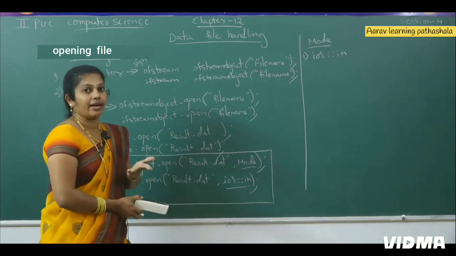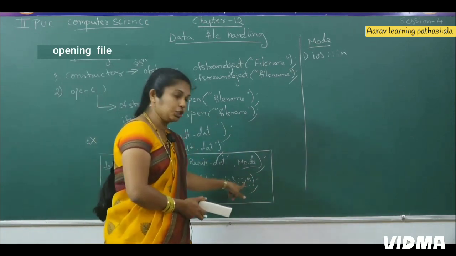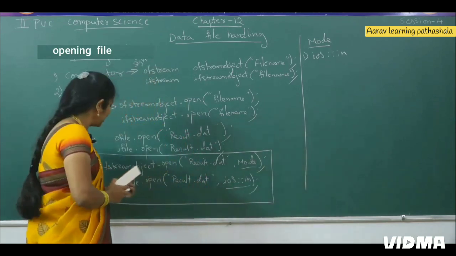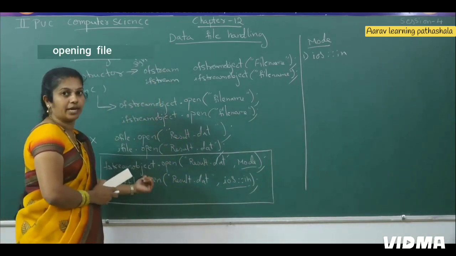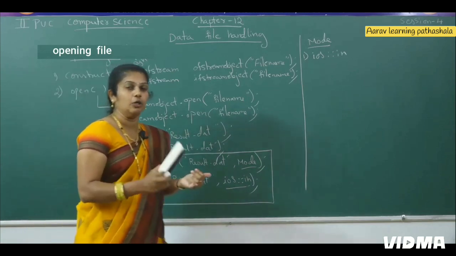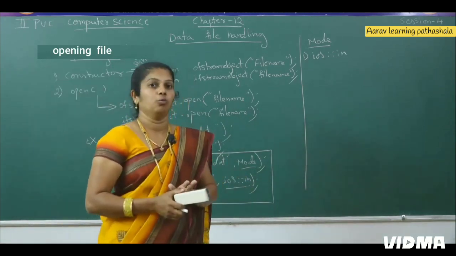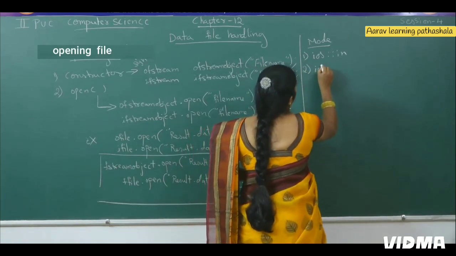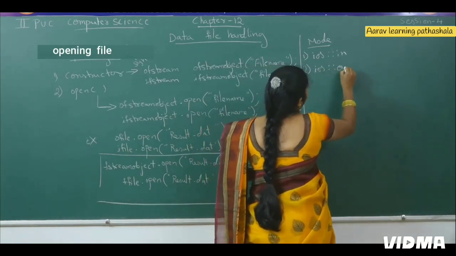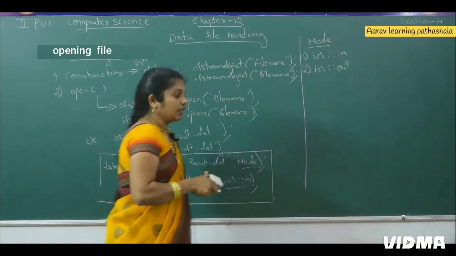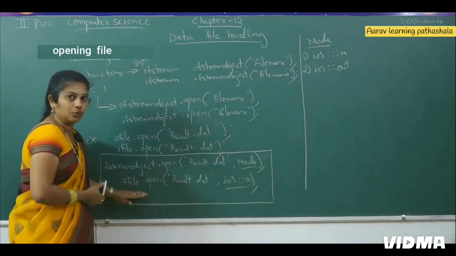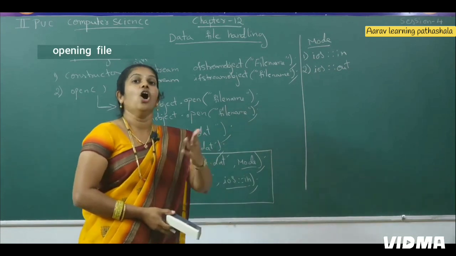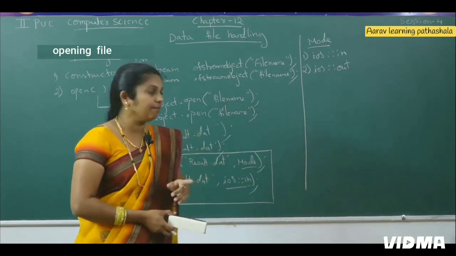Generally, whichever stream is used for input, it compulsorily uses ifstream. Now is it clear? Because in this case we used an fstream object, and fstream includes both input as well as output. Now the next one we will explain is ios scope resolution operator out. This one is mainly used to display the data, or we can say we are opening the file for output purpose, that is for writing purpose.